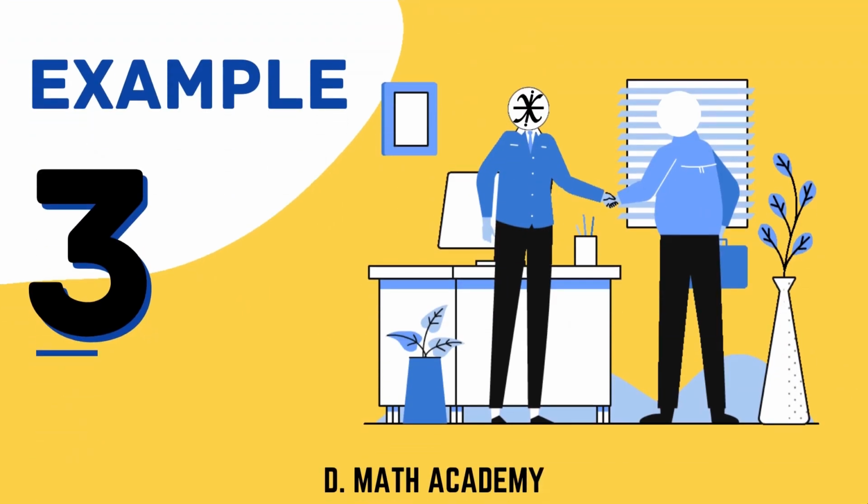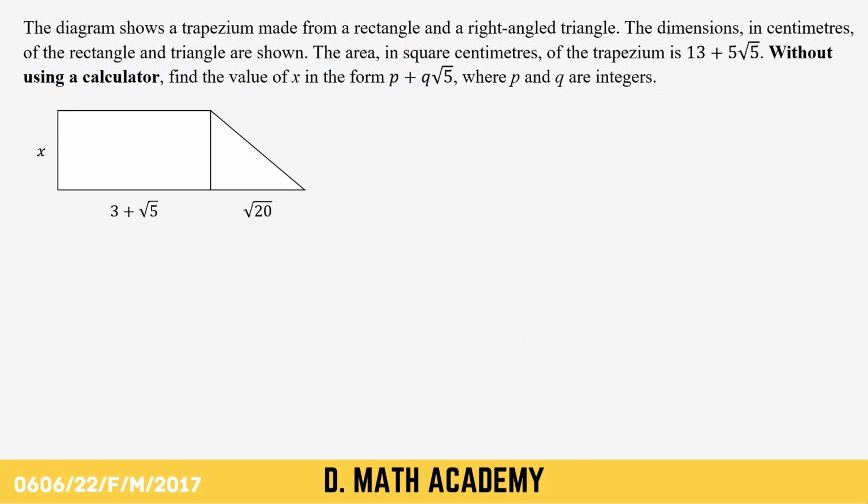Moving on to example 3, this is the part where area calculation takes place. So we have a trapezium that's shown over here, and they gave you the area at the start. So the trapezium formula goes by top plus bottom divided by 2 times x. So I have 3 plus square root 5, plus the bottom is 3 plus square root 5 plus 20.